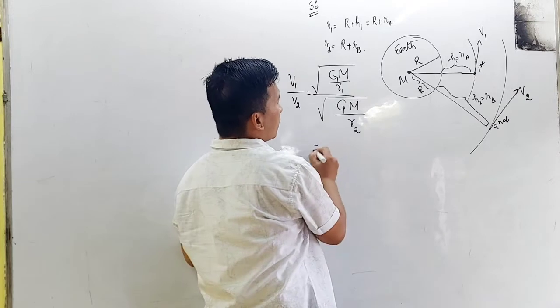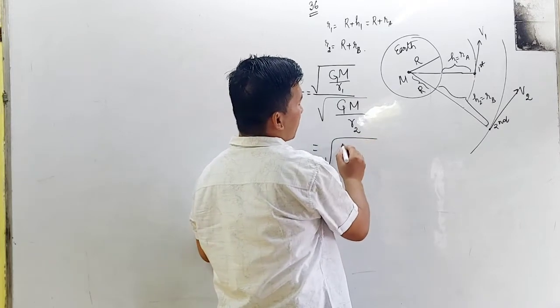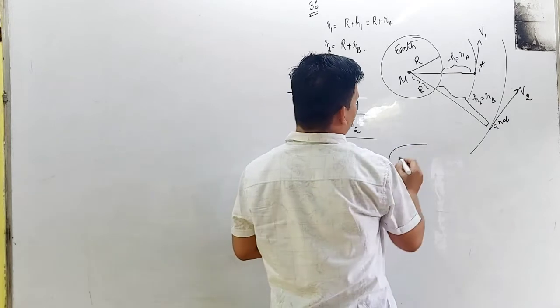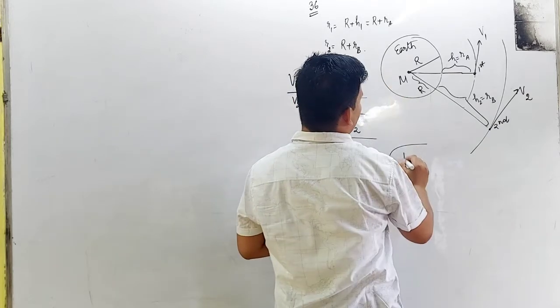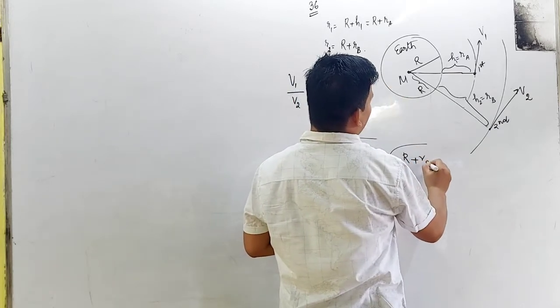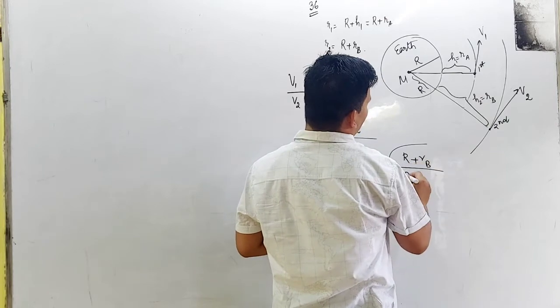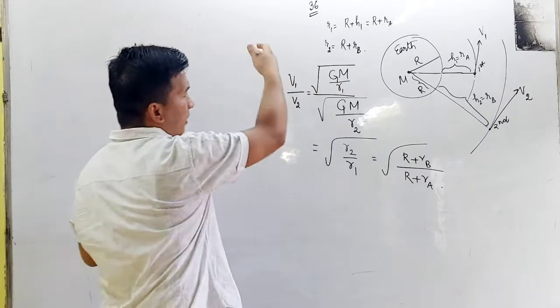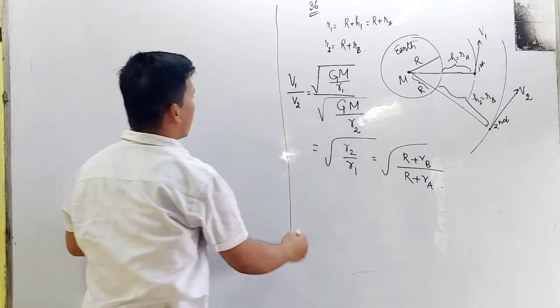After cancellation, it is very simple: the square root of R2 divided by R1. So the answer is V1 by V2 equals the square root of (R plus RB) divided by (R plus RA). Finish.